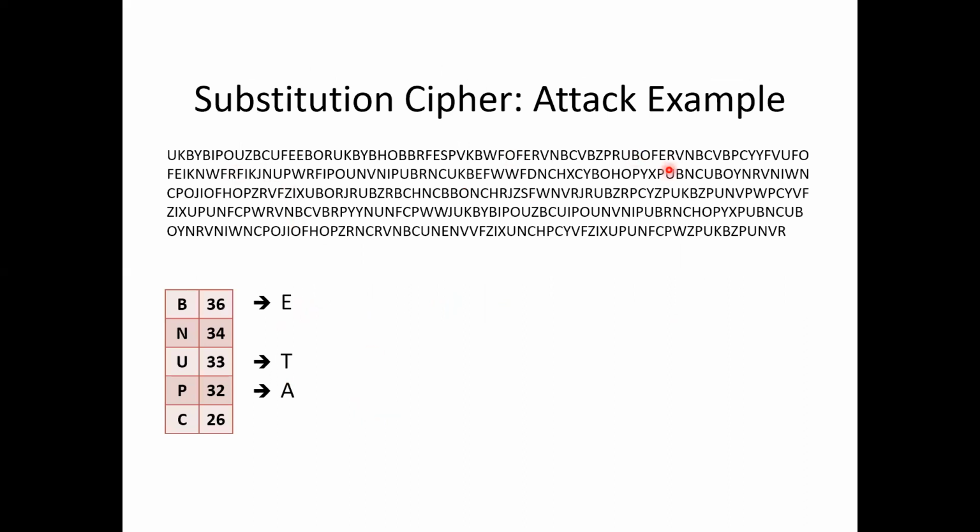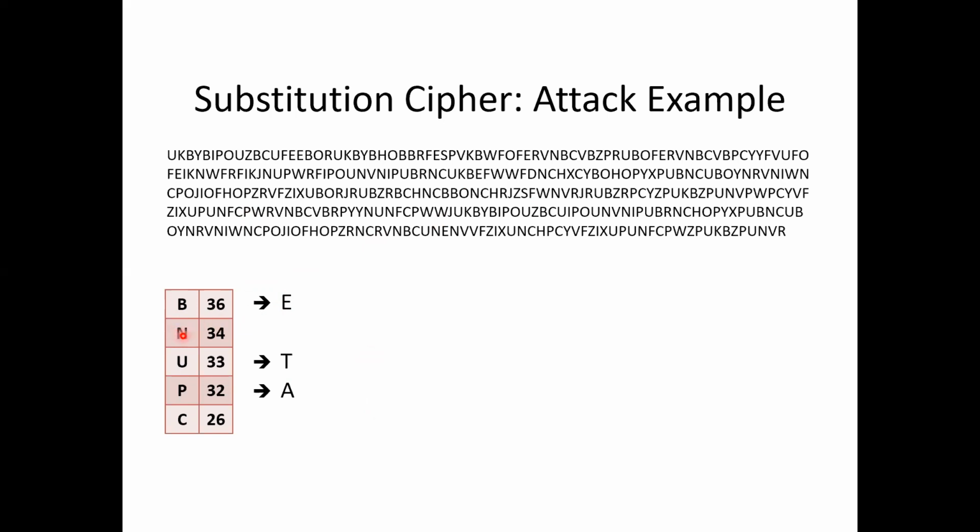So when you have a long text, you just count, and you see that the ciphertext letter B has the highest occurrence. So you guess that B must be an encoding of the highest frequency letter.